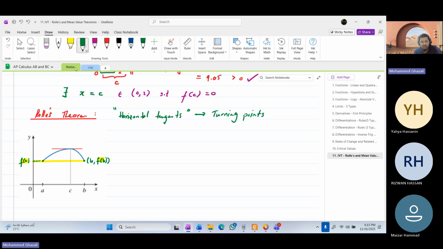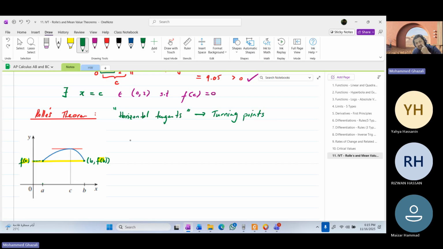Now, if you're trying to connect f of A and f of B, obviously you can connect them with a straight line. It's already a horizontal tangent. Or you can draw a graph like this, continuous, and get a horizontal tangent above, or you can draw a graph at the bottom, okay? So there are many types of graphs that you can draw. You can even draw a graph at the bottom like this, and you get a horizontal tangent here.